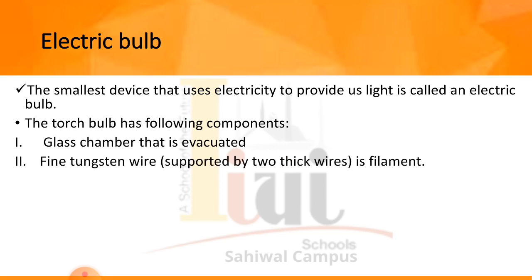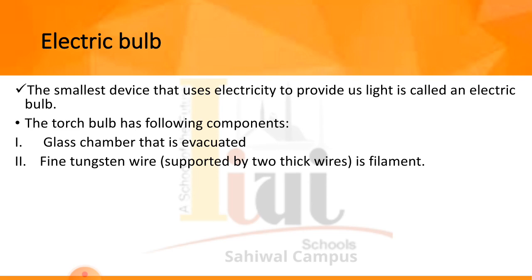The second one is fine tungsten wires that are supported by two thick wires, known as the filament. So inside the bulb there is a fine tungsten wire. Tungsten is a metal that is used to make a wire that is supported by two thick wires, and this thin tungsten wire is called a filament.